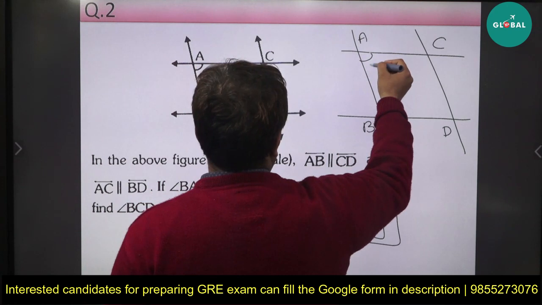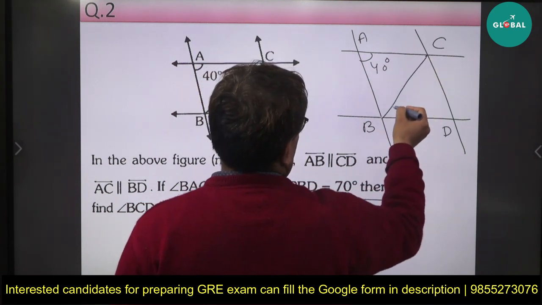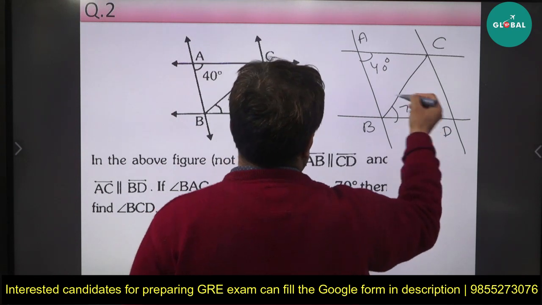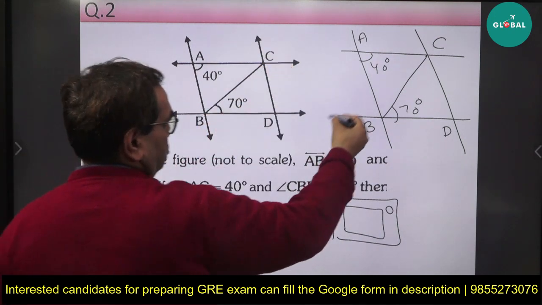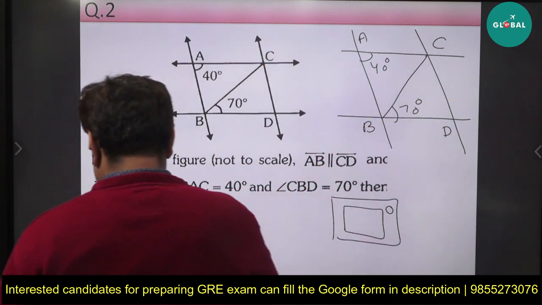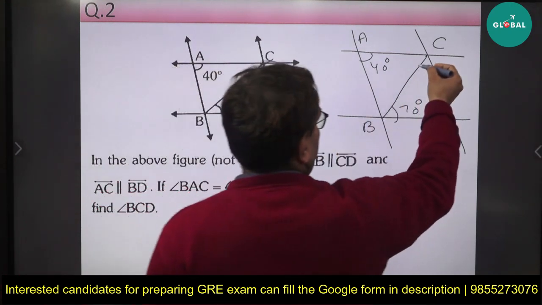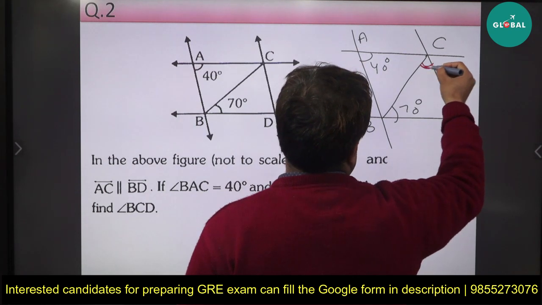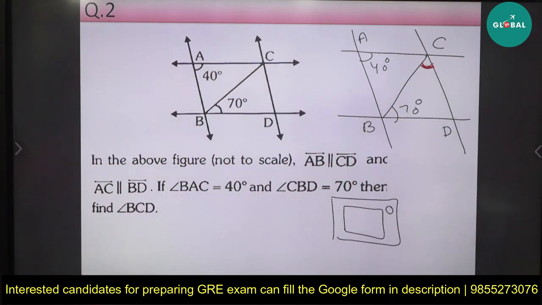This angle is given as 40 degree, and this line is joined, and this angle is 70 degree. Now which angle we have to find? We have to find BCD. So this angle we have to find. BCD. This one is the angle which we have to find. Okay, ये कितना होगा ये हमें find out करना है.